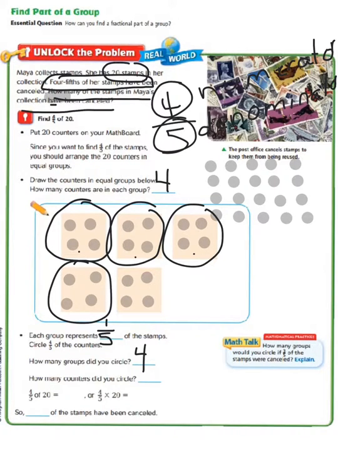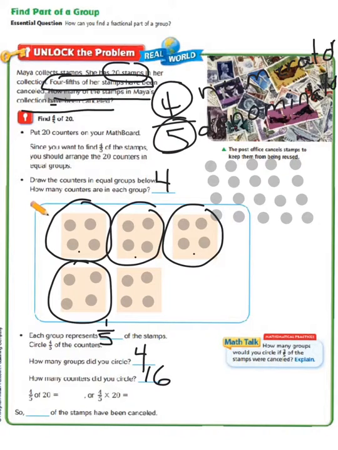And how many counters did you circle? Well, let's look. We circled 1, 2, 3, 4, 5, 6, 7, 8, 9, 10, 11, 12, 13, 14, 15, 16. So therefore, we circled 16 counters.